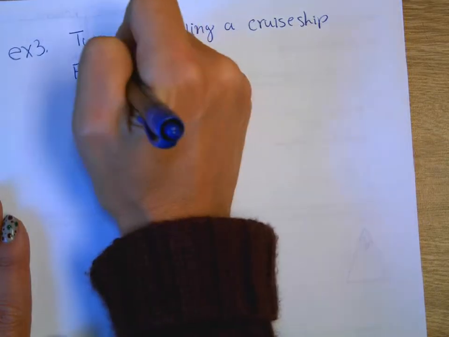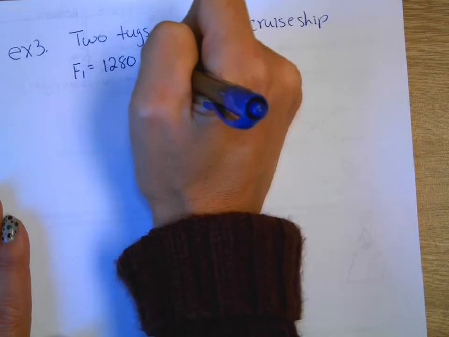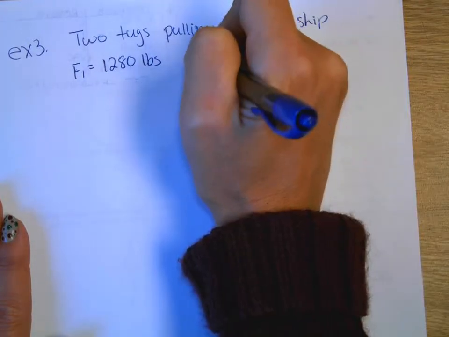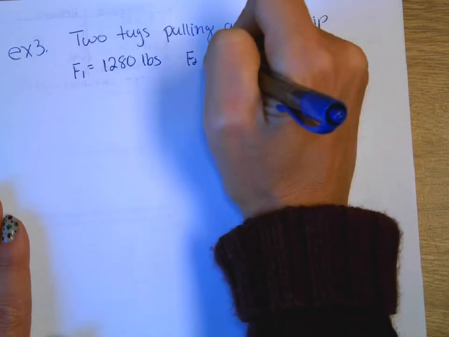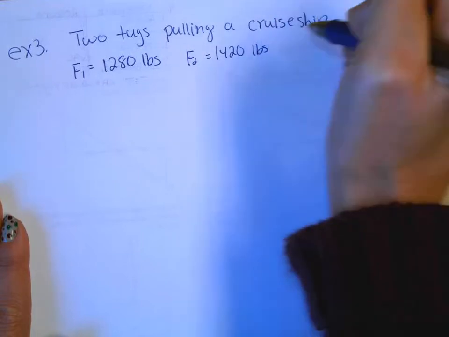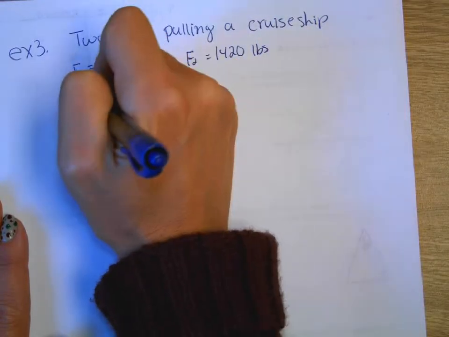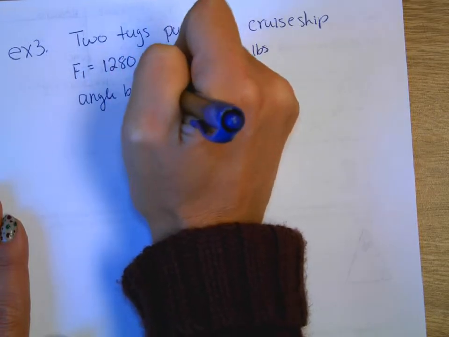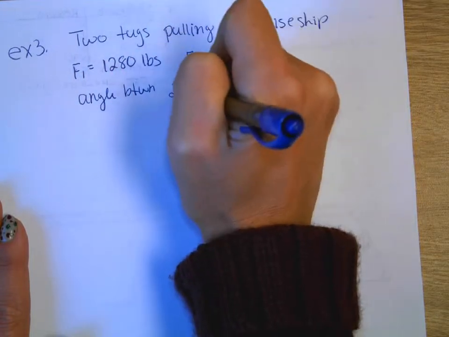Force 1 can pull 1,280 pounds, with force 2, 1,420 pounds. They're going to keep the angle between them at 28.2 degrees.